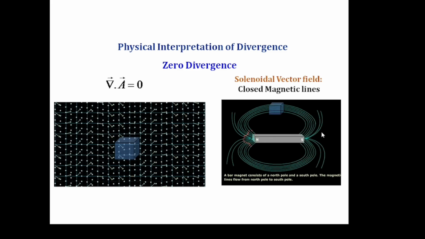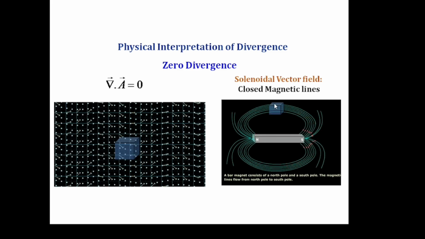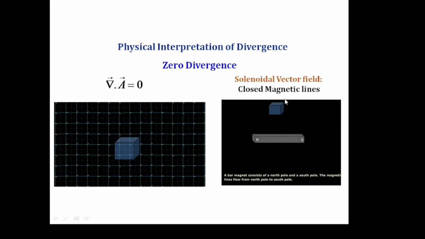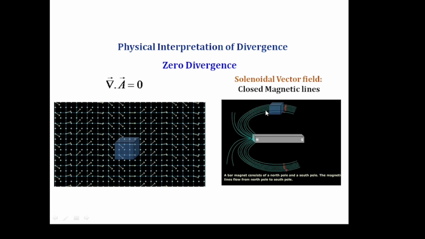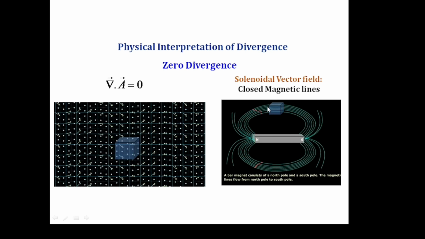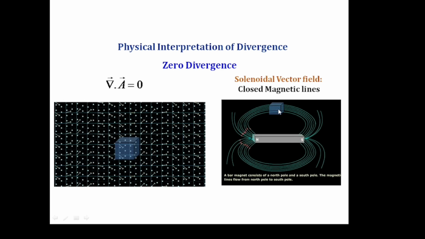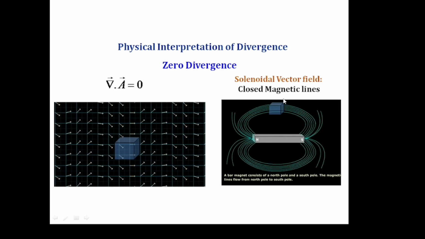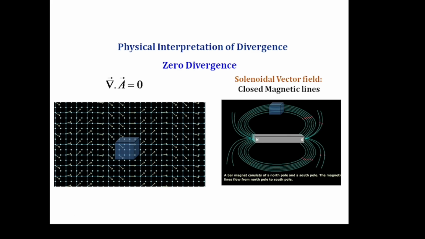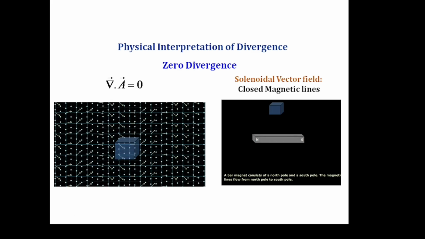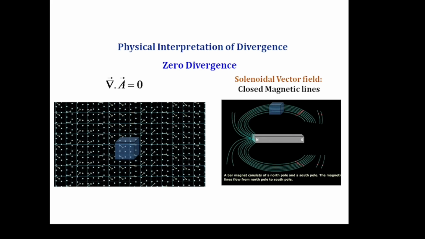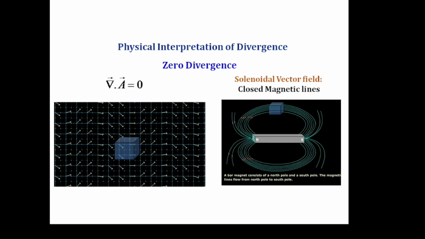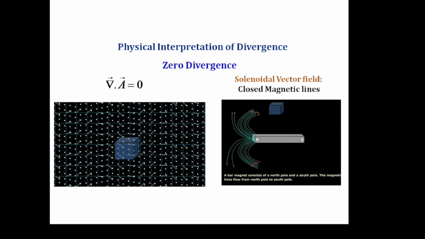So if we place one volume or box here, then the net inflow, incoming magnetic lines of force, and outgoing magnetic lines of force are equal. So the change in flux will be 0. That means del dot B is always 0 because the magnetic lines of force are always closed. That is why the B vector is called a solenoidal vector, where del dot B is always 0.